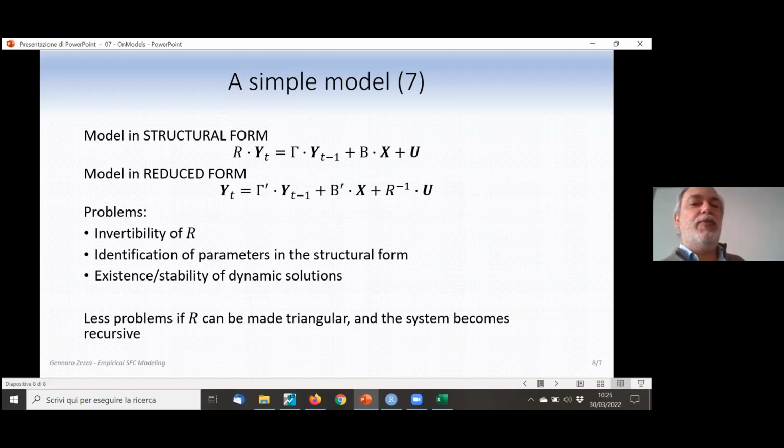The old style Keynesian approach was using models in structural form and arbitrarily imposing restrictions, which were quite clear in the way the model was presented. And this is what we have done in the last few days with the model of Mexico. We said arbitrarily that private expenditure depends only on income and wealth, that employment depended only on GDP and possibly wages, and we neglected all the other endogenous variables in the model.